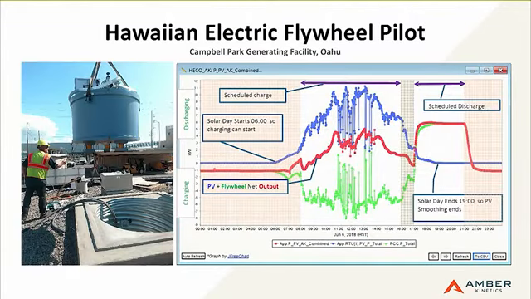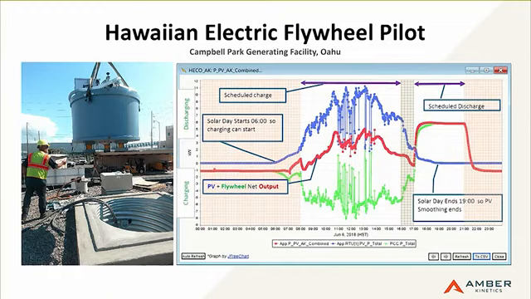This is a fun project that ran for over a year at Hawaiian Electric. And let me remember what my graphs are. The top blue is solar generation. This is a single unit device. And the flywheel is commanded basically to absorb energy nominally during the day. So we see that the flywheel output is in green. It's below 0. So it's basically serving that duck curve type function.